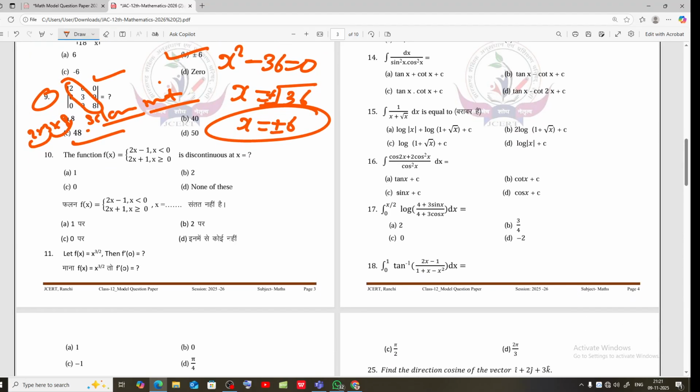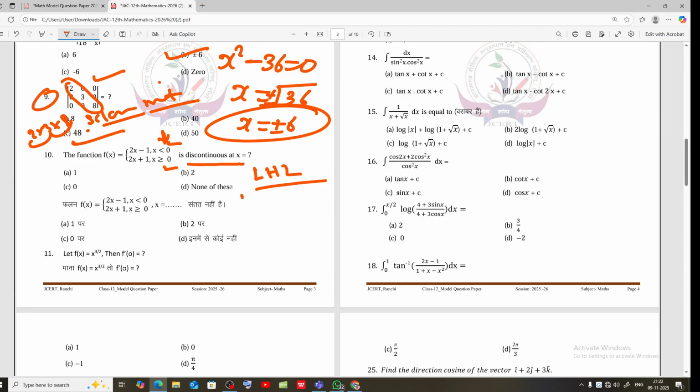Question number 10. Function f(x) equal to 2x minus 1, x less than 0, and 2x plus 1, x greater or equal to 0. Discontinuous at x, then determine the value, which is 0. That means first we check about 0, the left hand limit and right hand limit. First you take the left hand limit.